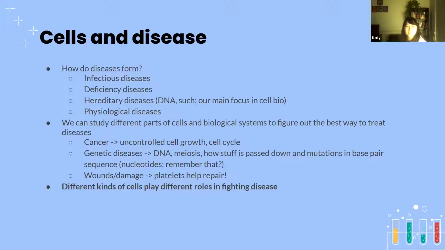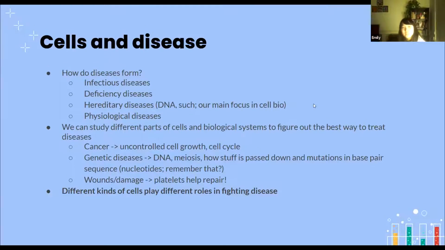Infectious diseases are able to spread from person to person through various agents like water, the air, etc. Deficiency diseases are when your body lacks something. For example, you could have an iron deficiency, and that could lead to complications.